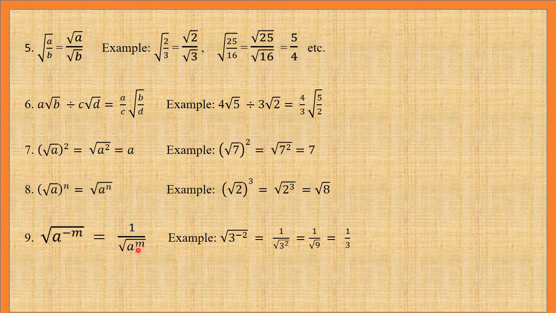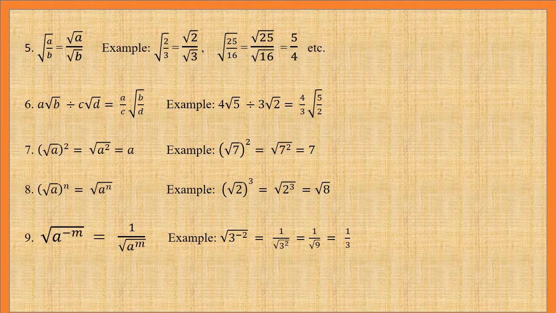Because we are changing the exponent to positive, you have to divide by 1. For example, if we have square root of 3 exponent negative 2, then this can be equal to 1 over root of 3 exponent 2. Square gives us 9. Then this is equal to 1 over 3, because root of 9 is what? 3.